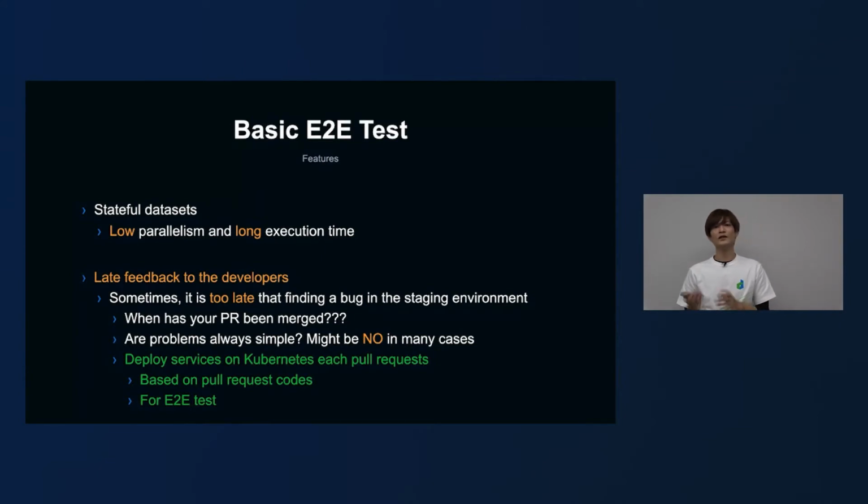In unit test or integration test, it may not be E2E. In my case, it is E2E, meaning that you have to deploy the entire service. So what I'm going to talk about is how I implemented that using Kubernetes.